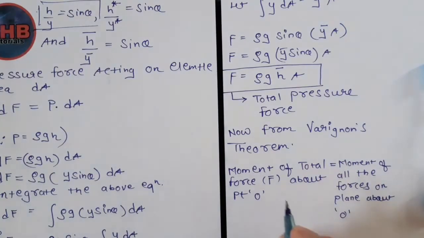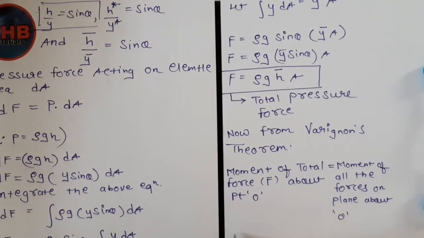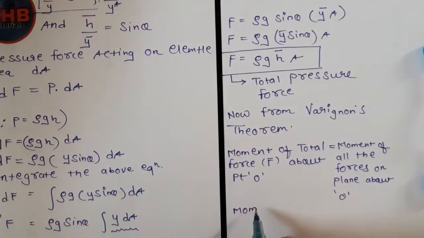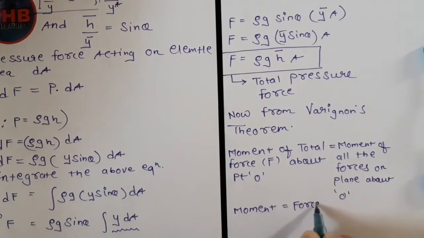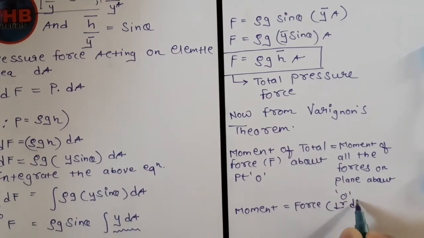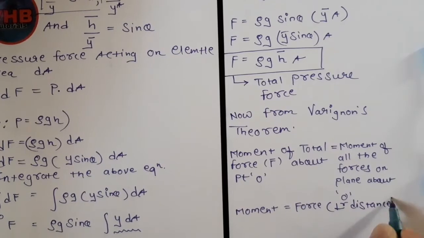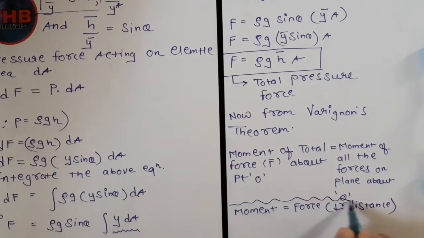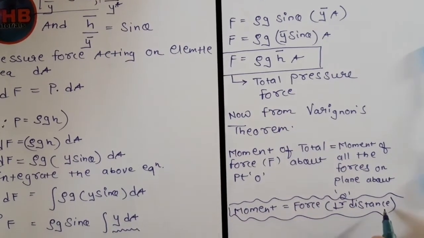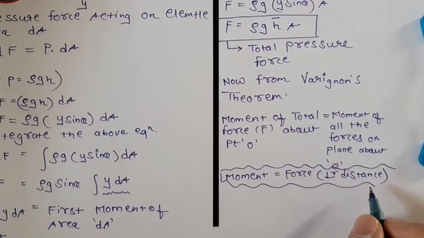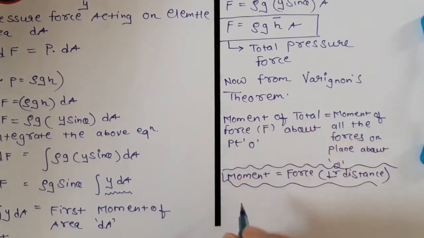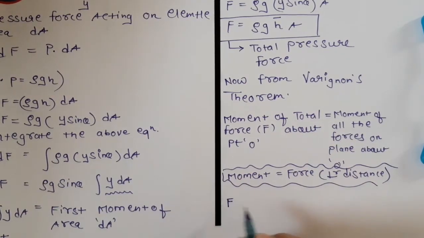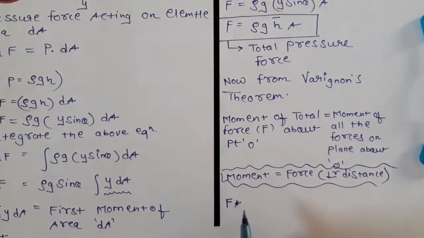Okay, so now what is moment? Moment equals force into perpendicular distance. So this is the formula for moment, force into perpendicular distance. So now the moment of total force F will be F into its perpendicular distance.